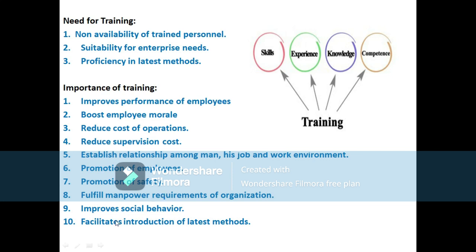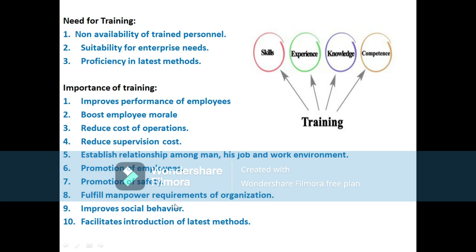Another one is improves social behavior. Training not only sharpens their conceptual and technical behavior, but the behavioral aspects and the social outlook of the people will also be enhanced through the training process.